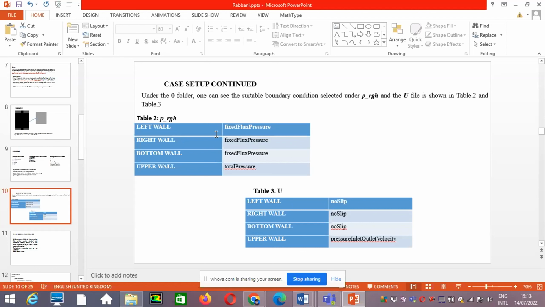So in p_rgh, I have given the left, right, and bottom walls as the Neumann-type condition, so that in U you can see directly the left, right, and bottom are Dirichlet boundary conditions. For the upper wall, in p_rgh I have given the Dirichlet boundary condition, and in U for the upper wall I have given the Neumann boundary condition.